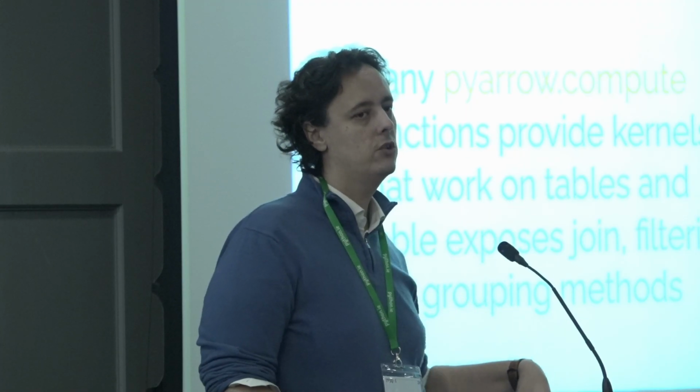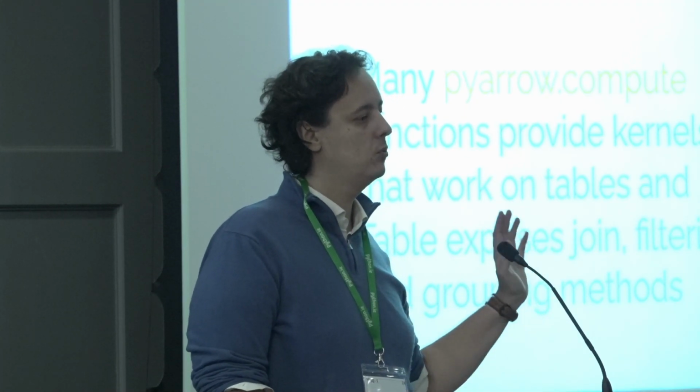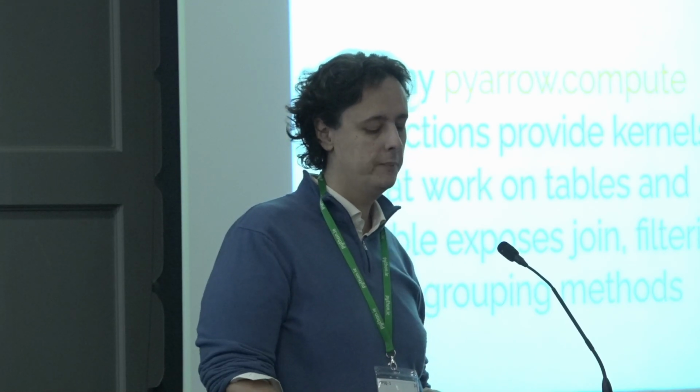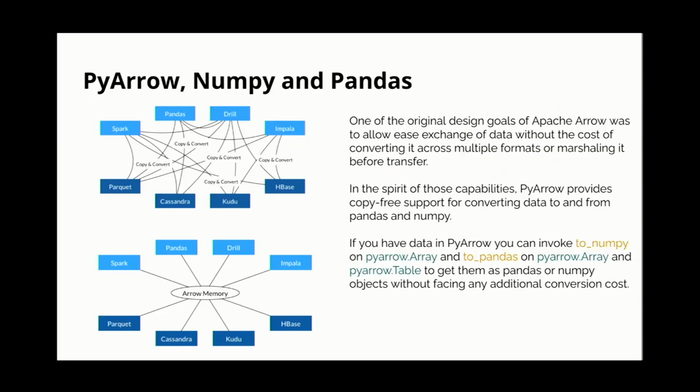All these operations are implemented in the C++ compute engine, so they are usually far faster than what you might be used to with pandas or equivalent tools. We are going to see it in a minute.